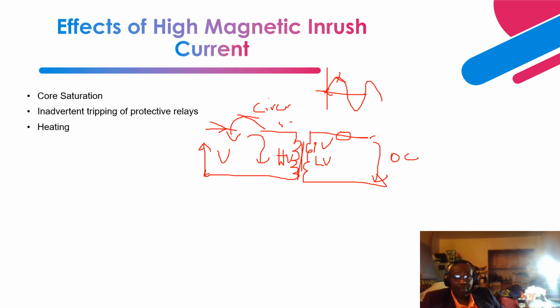Let's say the transformer tripped on this area of the sinusoidal wave, so definitely there's going to be some residual flux.